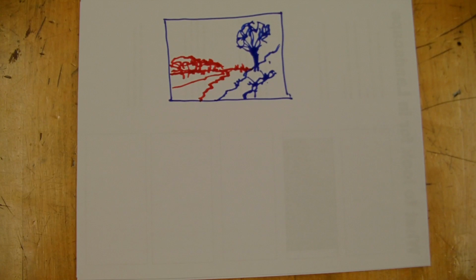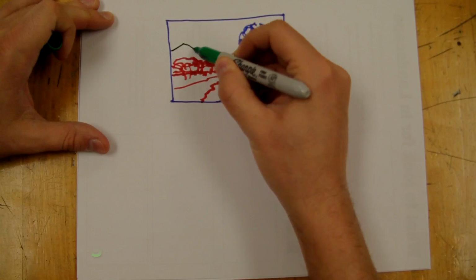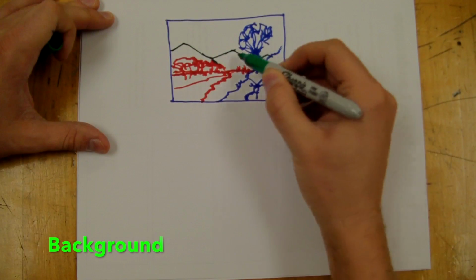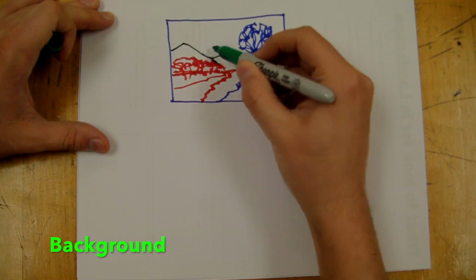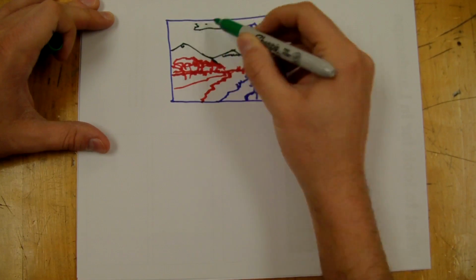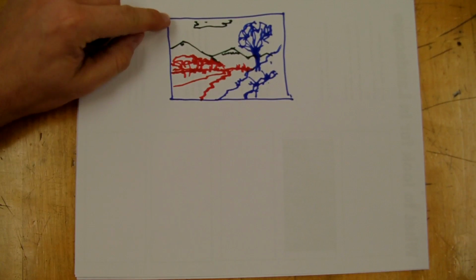Now the last thing I'm going to do is make my background. My background would be things that are very far away. So in this case, I'm going to use mountains. So I'm going to put some mountains back here, just like that. Maybe I can put some clouds up here. Clouds are far away. Okay. So all this back here is my background.